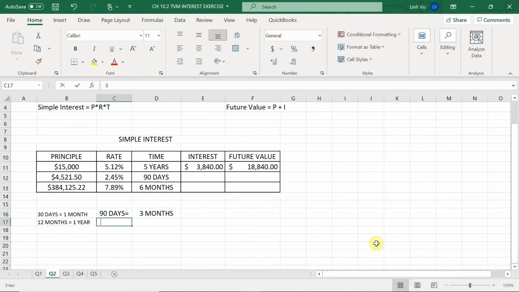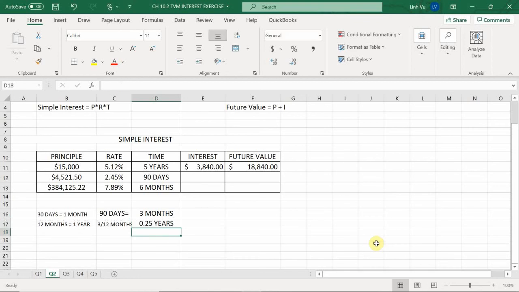Divide that by 12 equals how many years? If you have to put it in terms of years, how much is 3 months out of 12 months? It's 1/4 of the year. 0.25 years. Good.